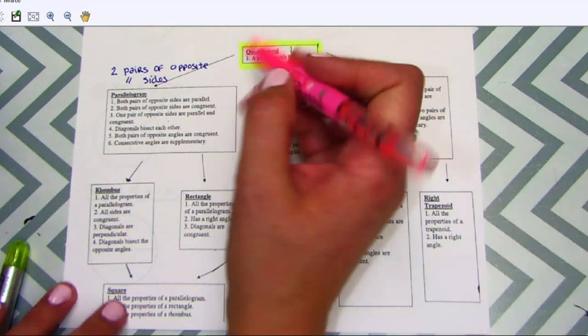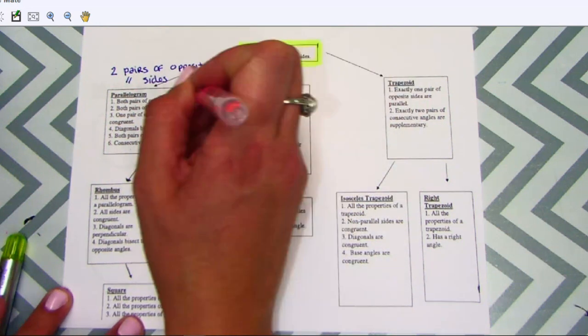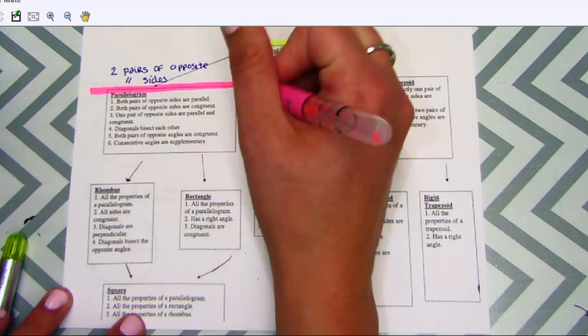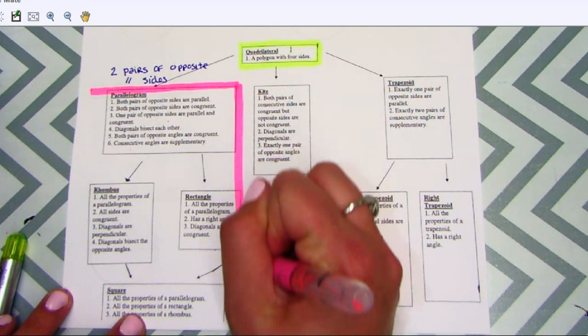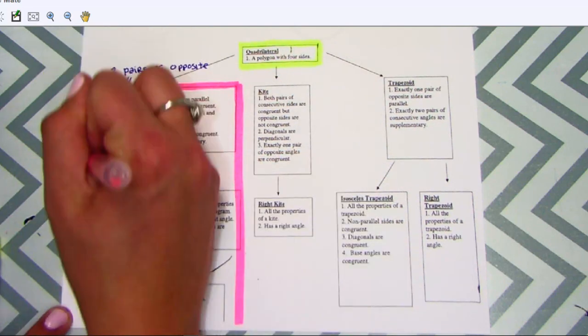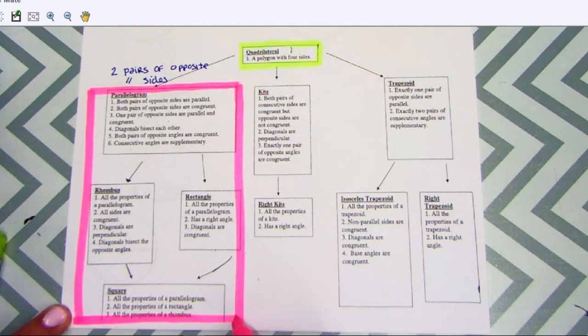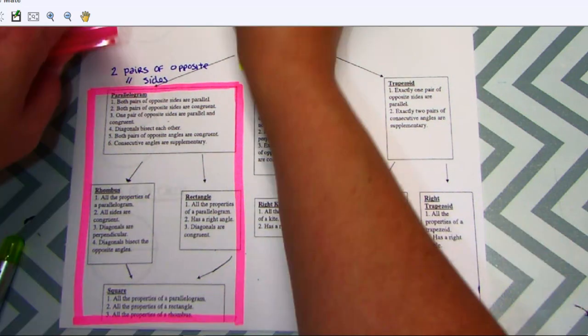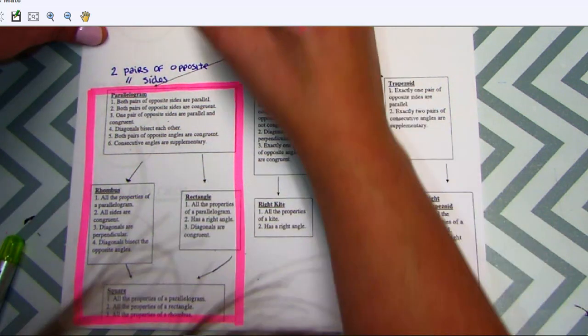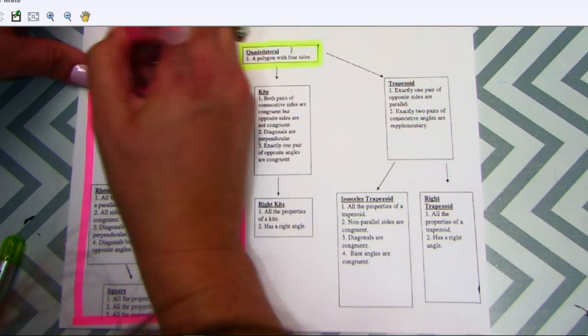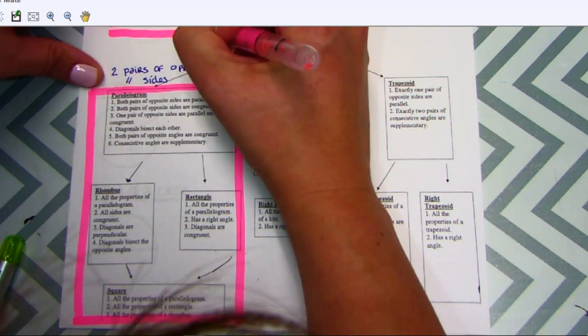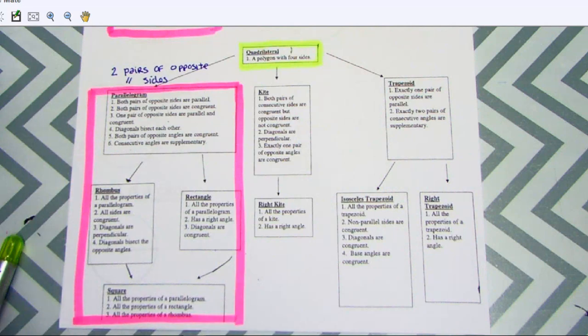So this whole section, its main purpose is that it has two pairs of opposite sides that are parallel. So up top, I'm just going to draw a box around all those shapes.